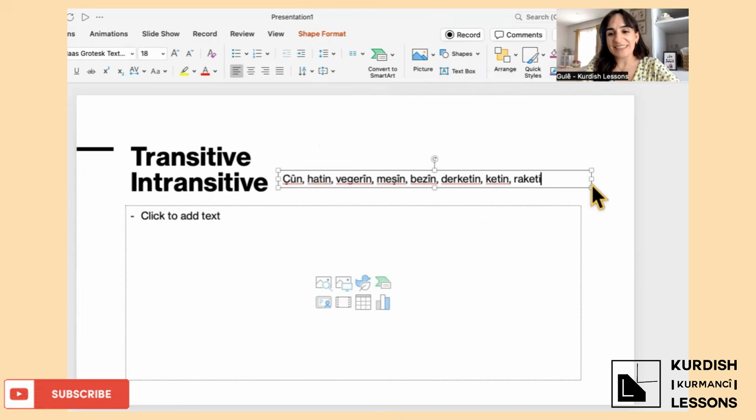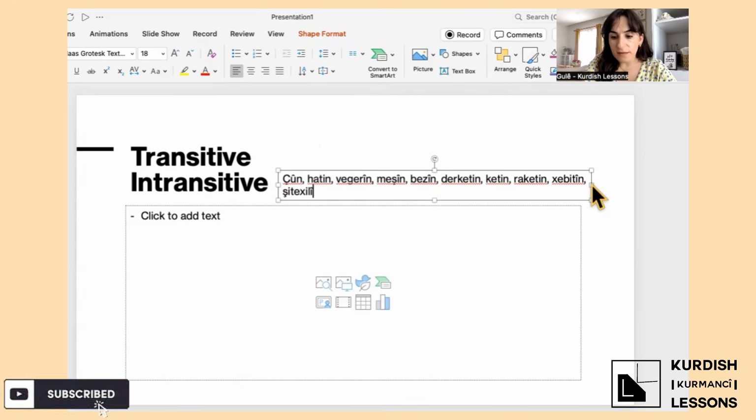Raketin, to fall, is also intransitive. Khabetin, to sleep, is strange, but also intransitive. Shtagalin, to work, and peyvin, to speak. These verbs are intransitive in Kurmanji.